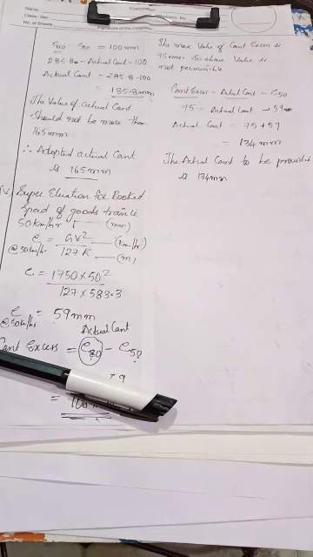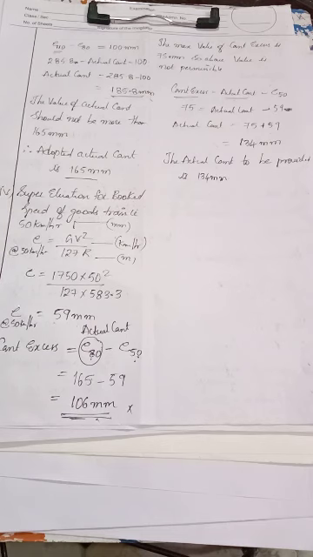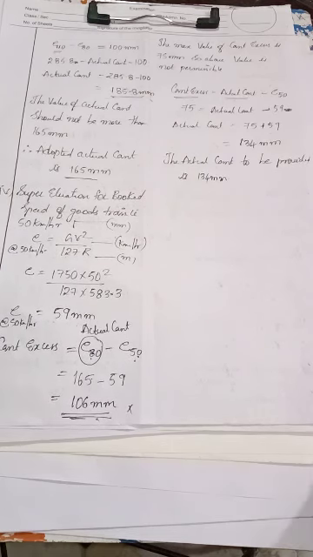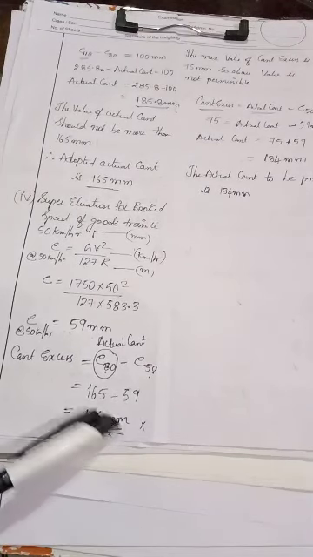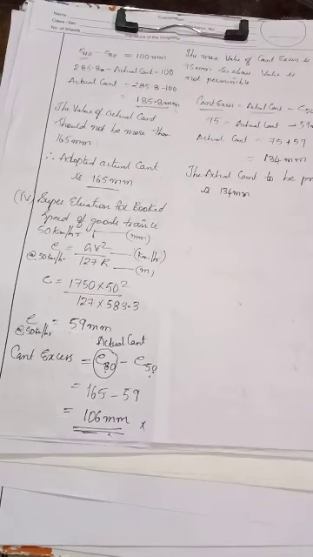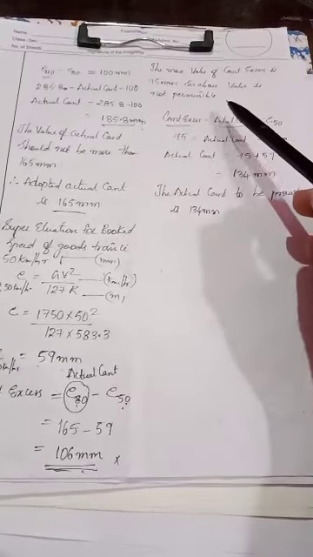We have calculated the super elevation for booked speed of goods train, and we have calculated cant excess. Again, the value of cant excess was more than the permissible value, which was nothing but 75. Again, those values have to be changed.